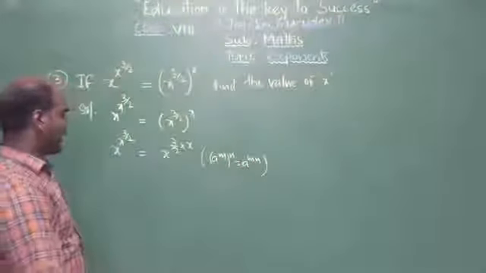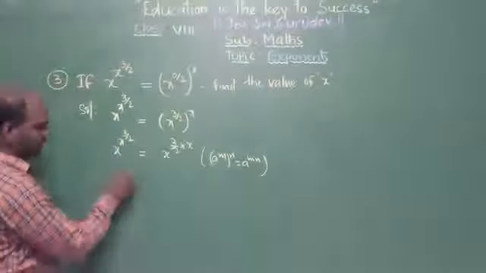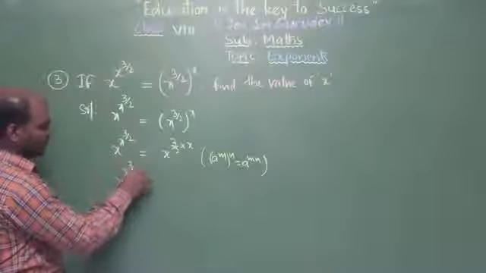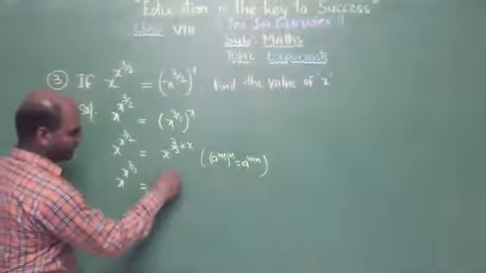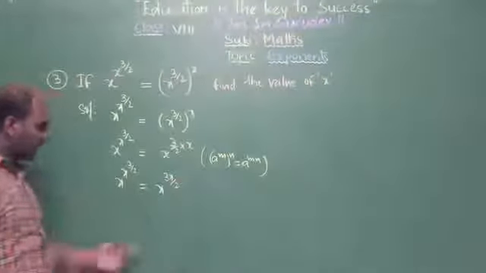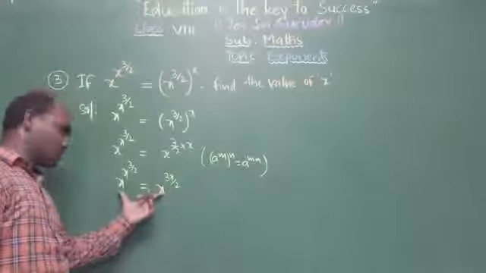Then it becomes x power x power 3 by 2 is equal to x power 3x by 2.